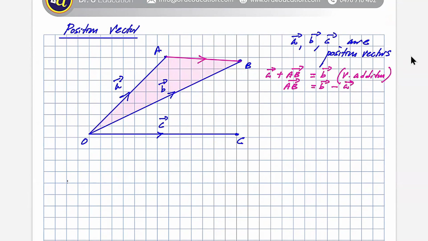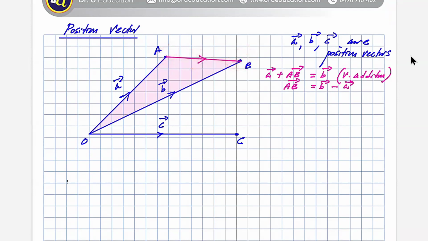Easy. Now I'm going to show you one important thing here. When you are dealing with position vectors, and then you need to find another vector, we call it a derived vector. So this AB vector is not a position vector. Why? Because this is not an origin. Origin means the 0, 0, 0 point. So this vector is called a derived vector, right?